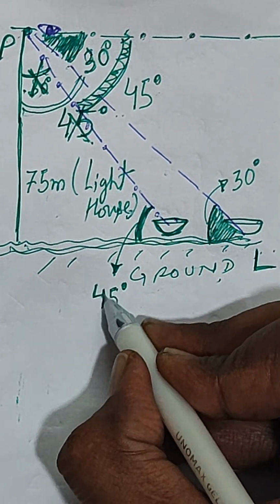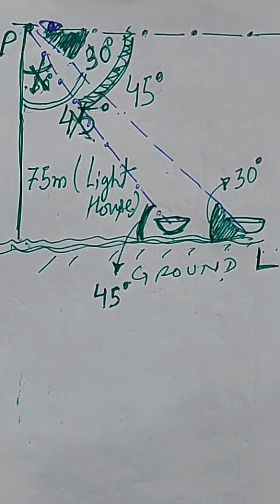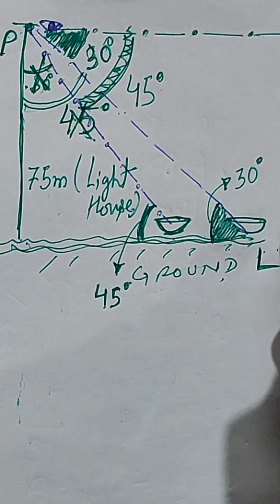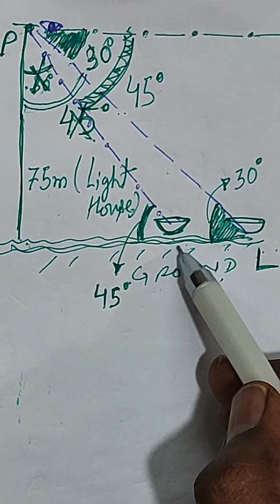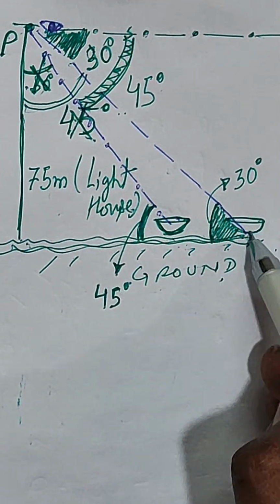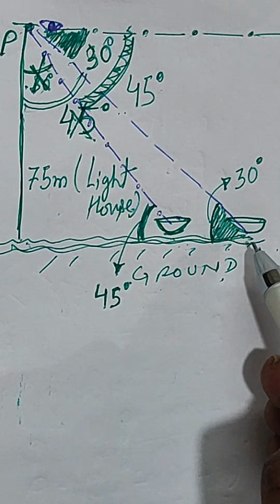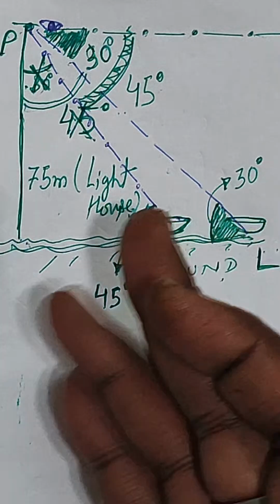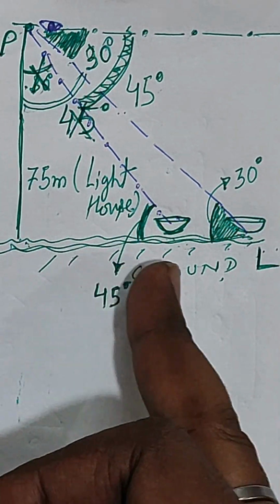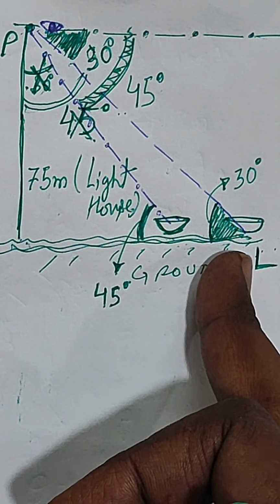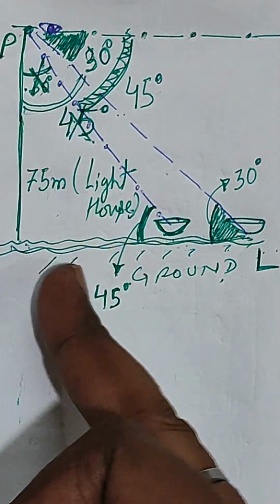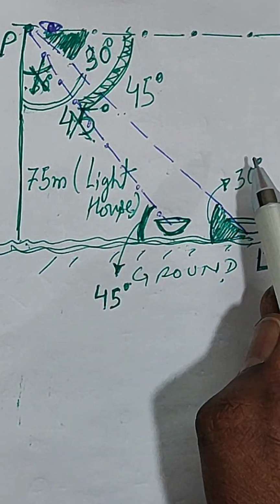Now, if one ship is exactly behind the other, which I have already made, these two ships are behind each other, right? On the same side of a lighthouse. This can happen that one ship is on one side and another ship on the other side of the lighthouse, but this is not the case over here.